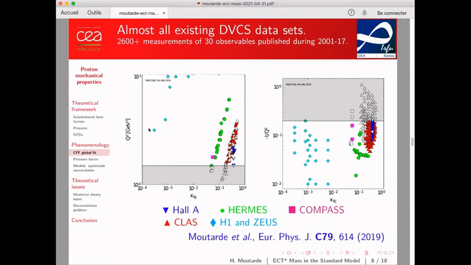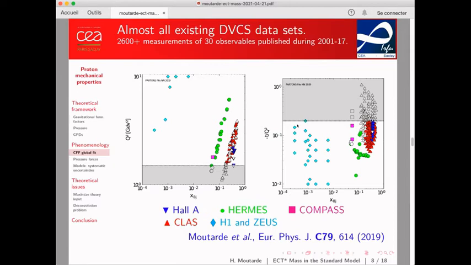And you realize that the EIC and EicC are much needed, I would say most desperately needed, because there are only a few points here, which do not represent much in the results of the fit, and the fit is controlled basically by all the fixed target experiments. So if we want to get more information on this part here, we really need these new colliders to constrain all this.